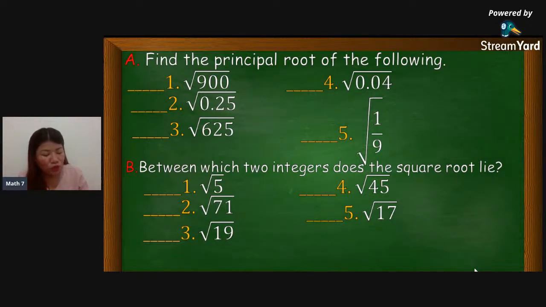Parang 0.2. Ang number 4 natin ay 0.2. Number 5, square root of 1 over 9.